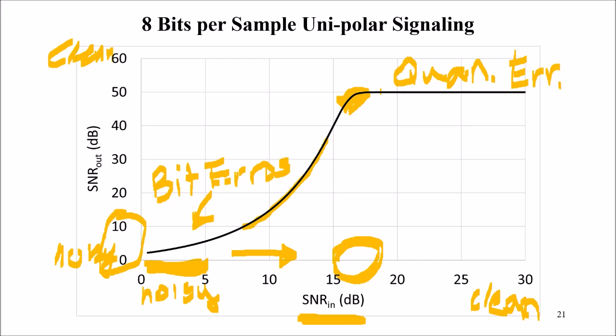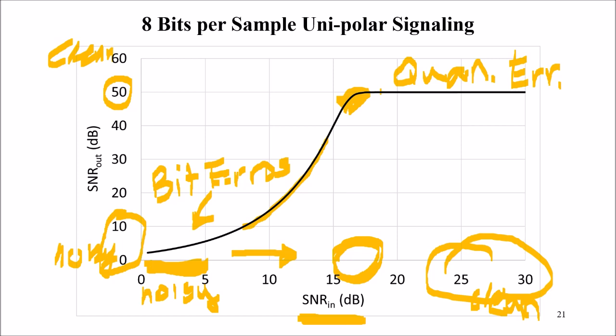And you'll notice that it is a constant value. For 8 bits per sample, that turns out to be just about 50 decibels. And it does not matter how clean the input signal is above a certain threshold. We always have a constant quantization error of about 50 decibels in this case.